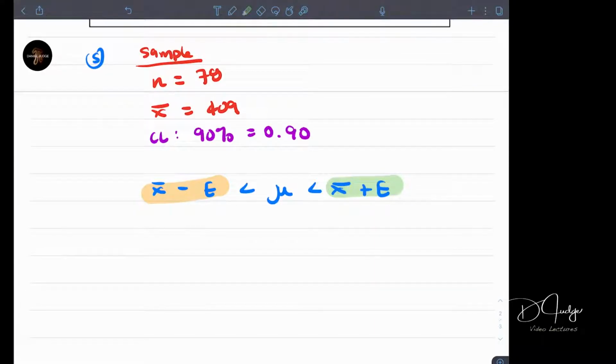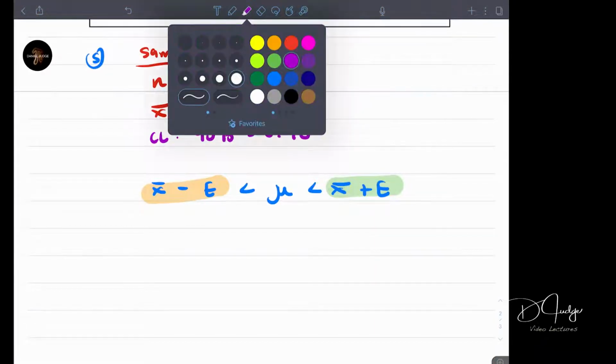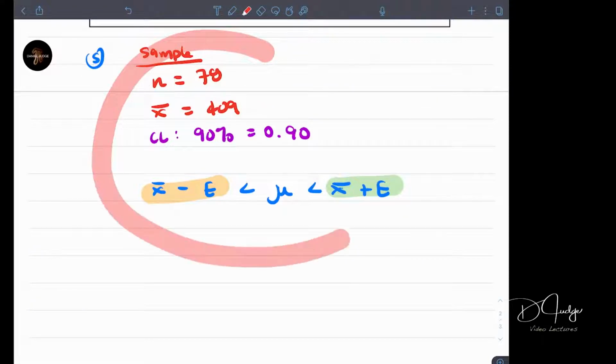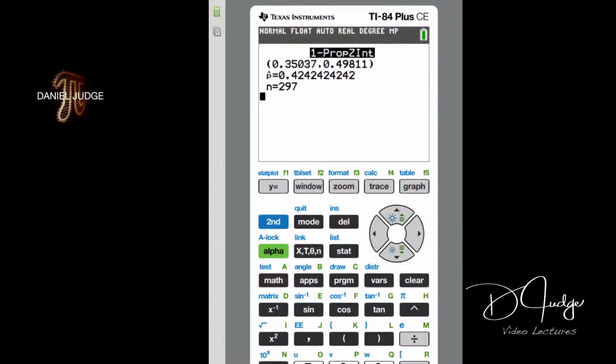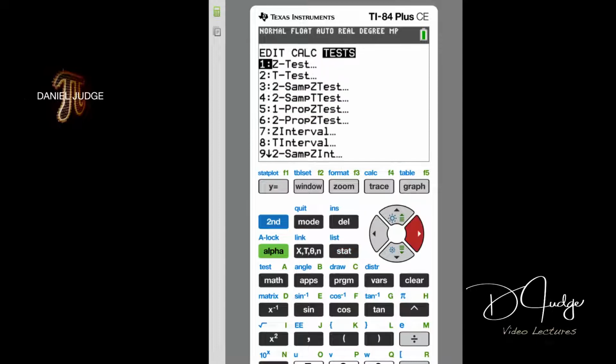We're going to use the TI. And the TI here just requires that information here. But remember what you use, right? I don't even remember. I'm going to have to look at the calculator. Let's see if you guys remember this. We're going to have to go to stat, test. It looks like it's the one. This is a mean.